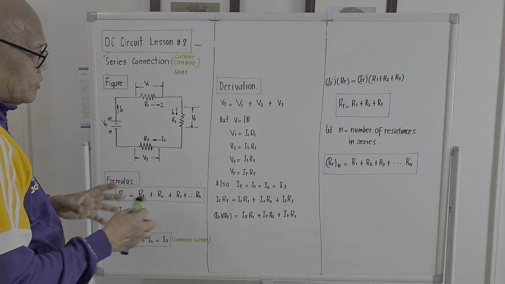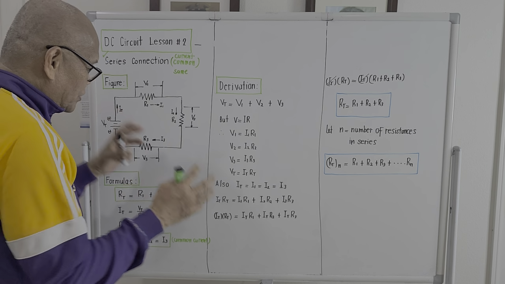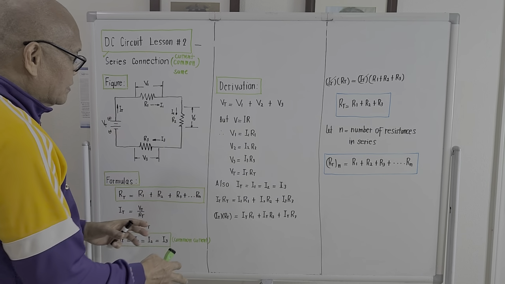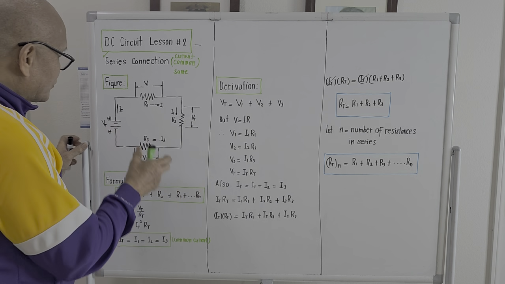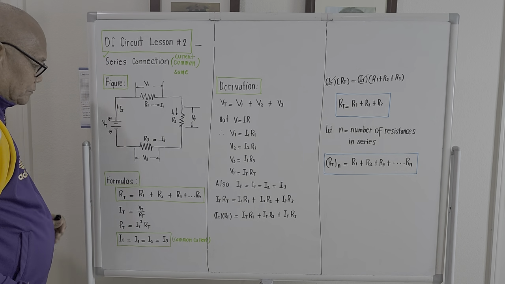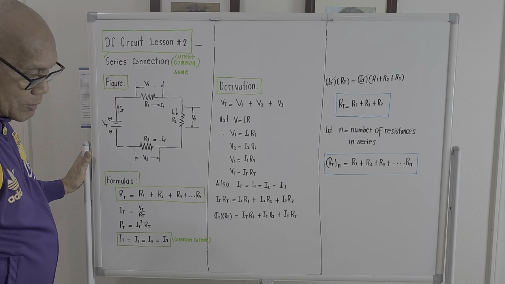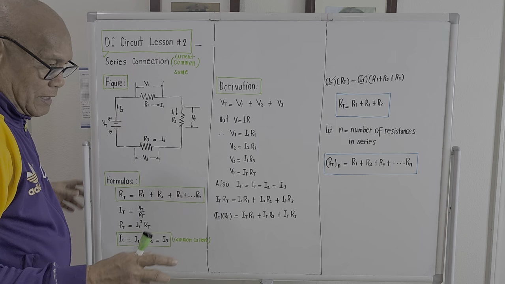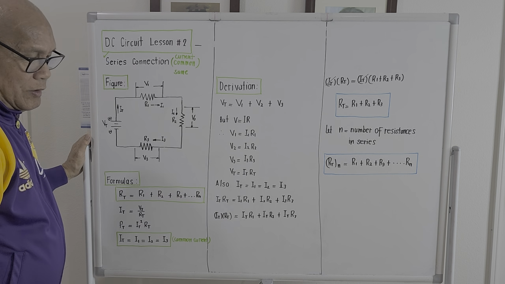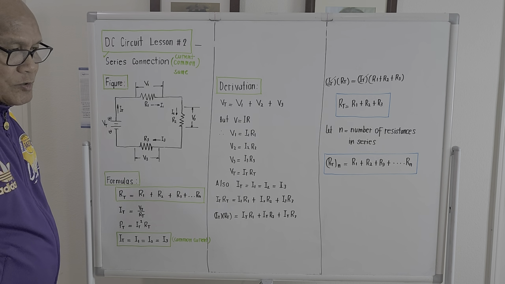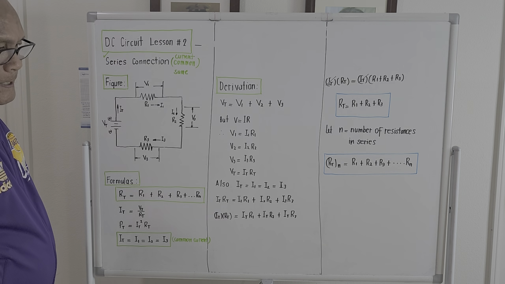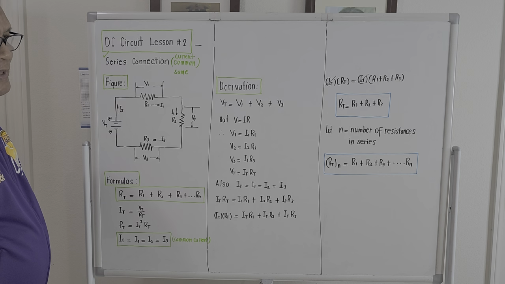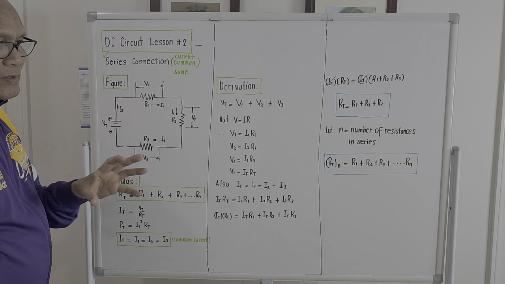So these are the designations of the resistances, currents, and voltages considering a series connection. Let's bring out the two most important formulas under series connection. These are the markings of a series connection, because by bringing out these two formulas, we could say that the connection is series.